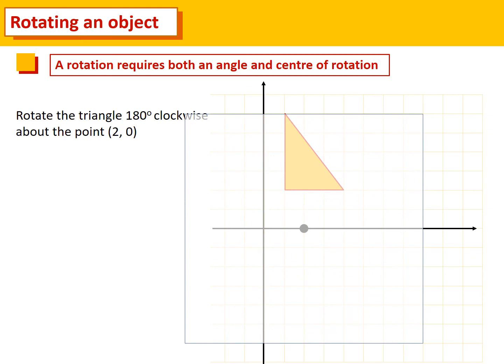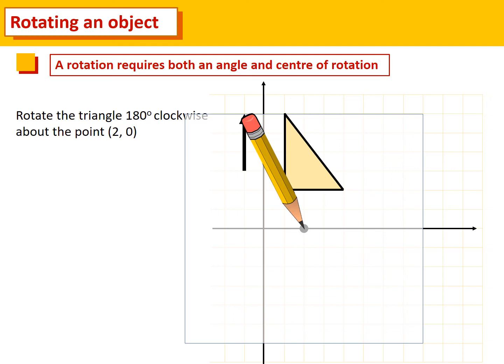Put our tracing paper over the diagram, trace around the triangle, which we call the object, and then mark on the north line, and place something sharp like a pencil over the center of rotation and get ready to rotate your tracing paper.